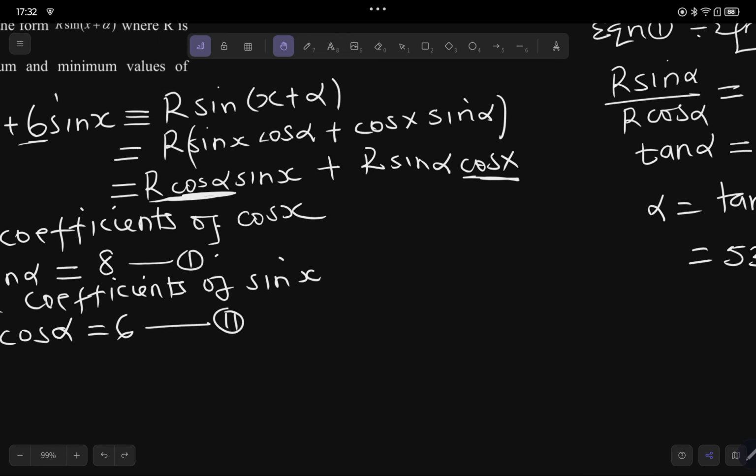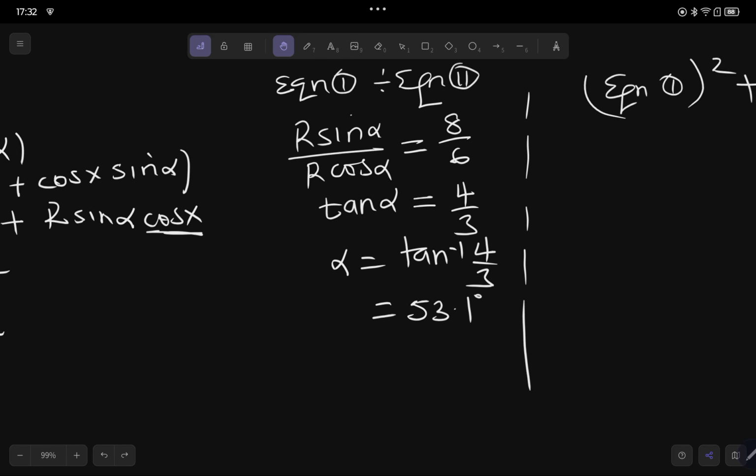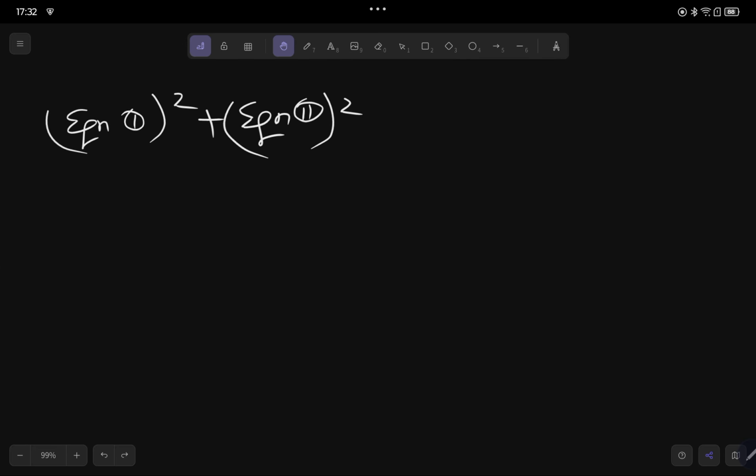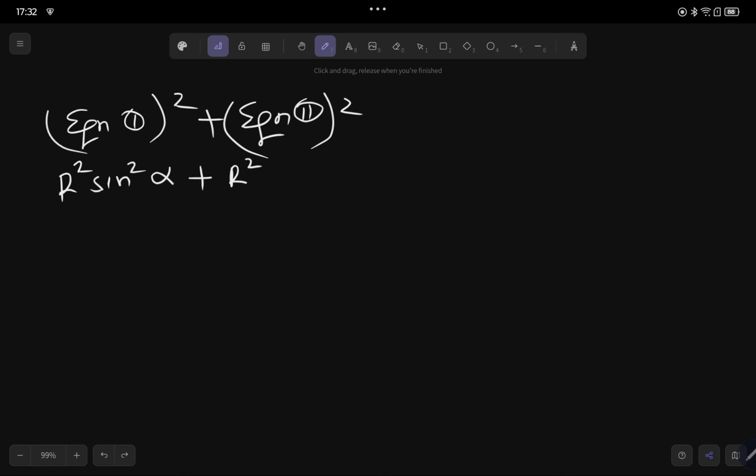So it will be r squared sin squared alpha plus r squared cos squared alpha, which equals 8 squared, which is 64, plus 6 squared, which is 36. So we'll have r squared is equal to 100 and our r is equal to 10.